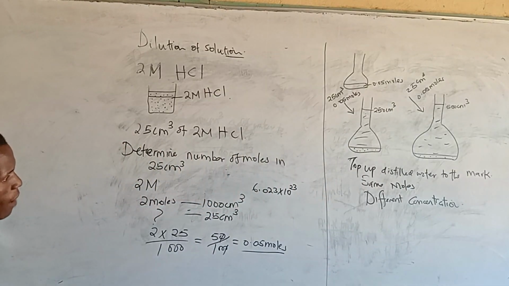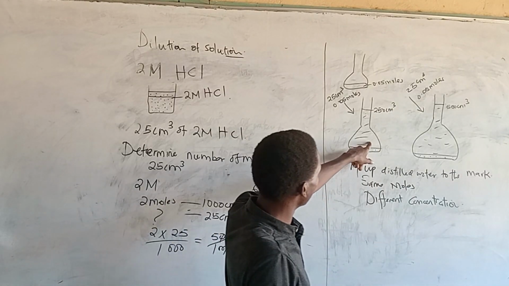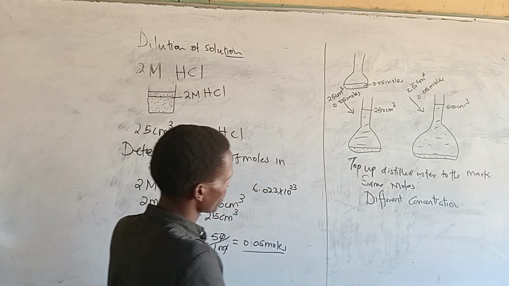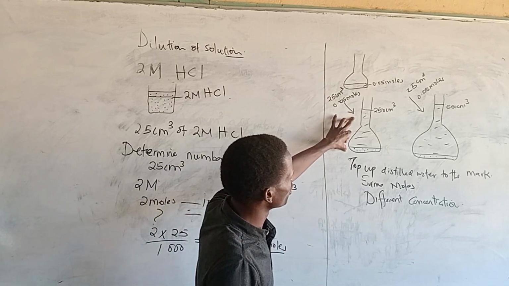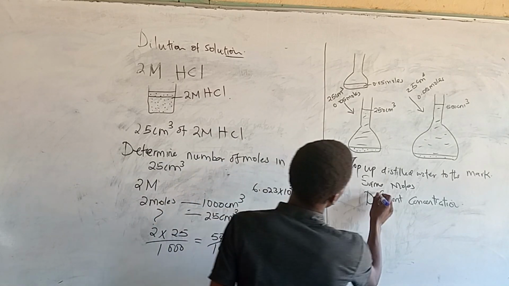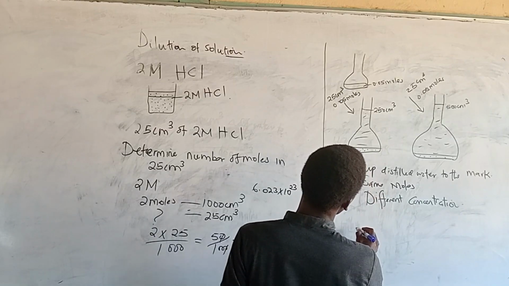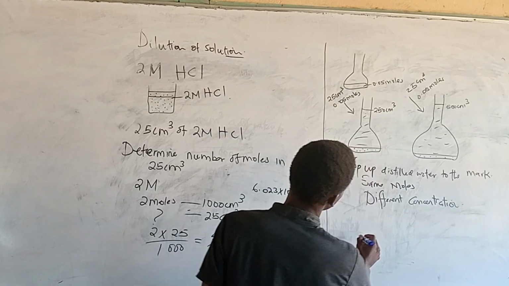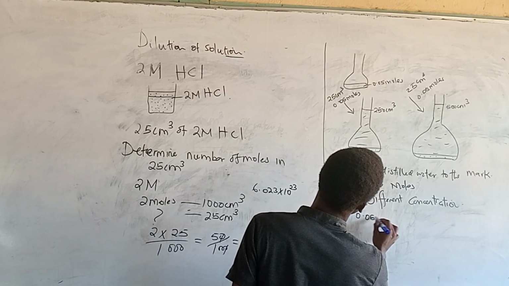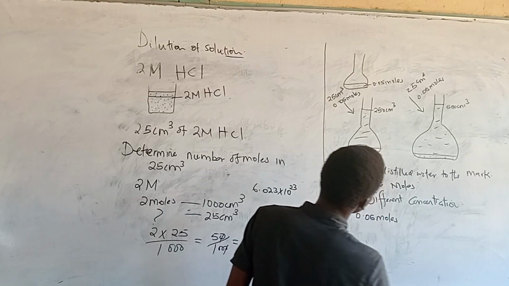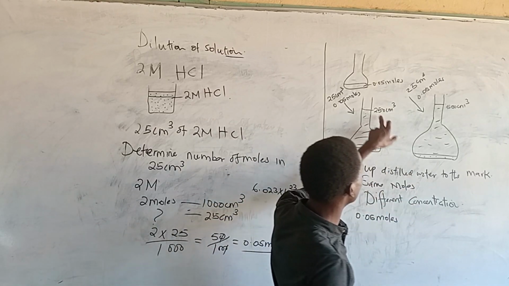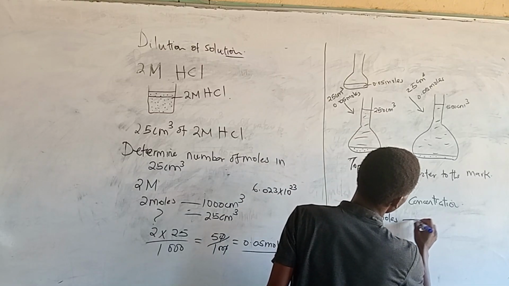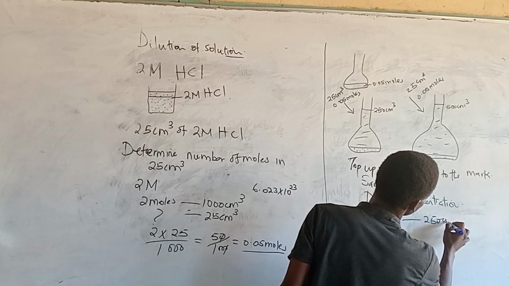Now, I want us to see the concentration here. If I had to ask myself, what is the concentration in this flask? I know we have 0.05 moles. The concentration here is 0.05 moles per 250 centimeter cube.